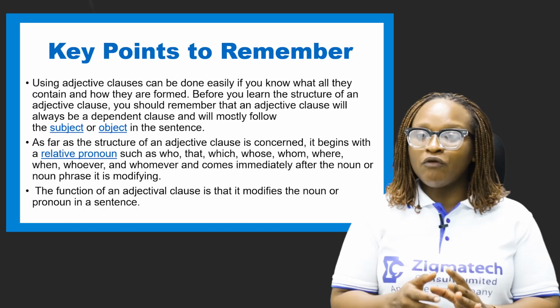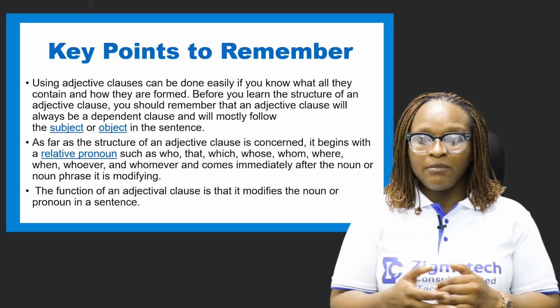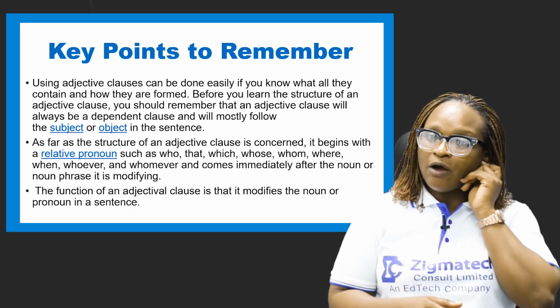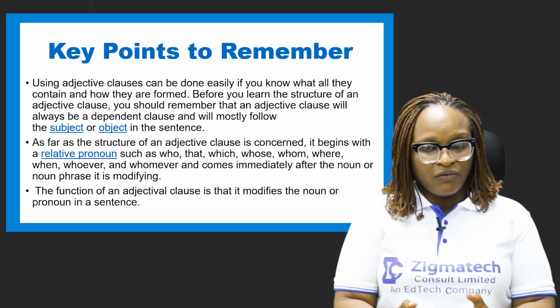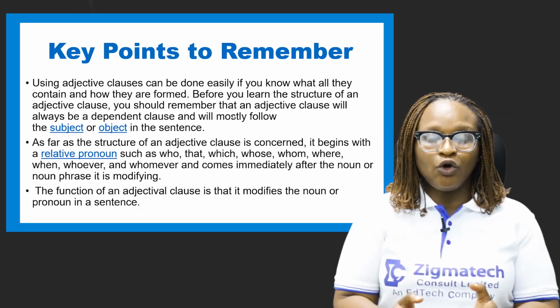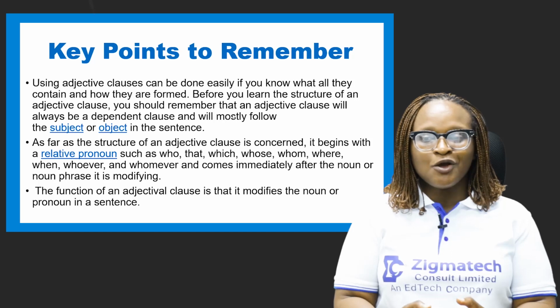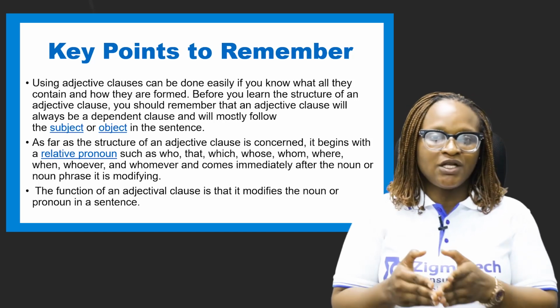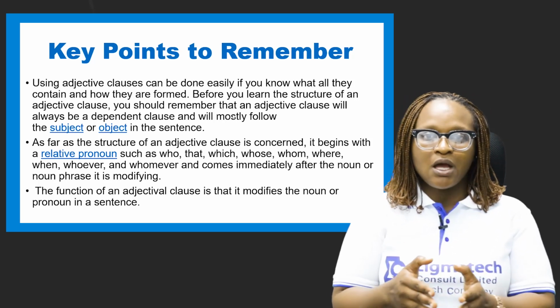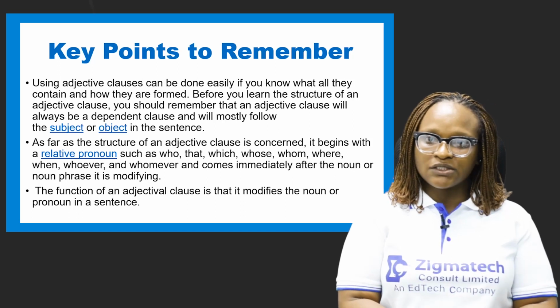Now, some of these words, if not most of them, can as well appear in the noun clause. So the onus is on us to pay attention to know when to differentiate between the adjectival clause and the noun clause.